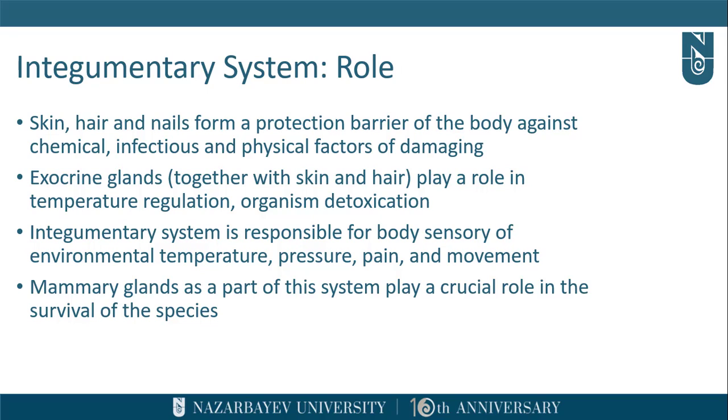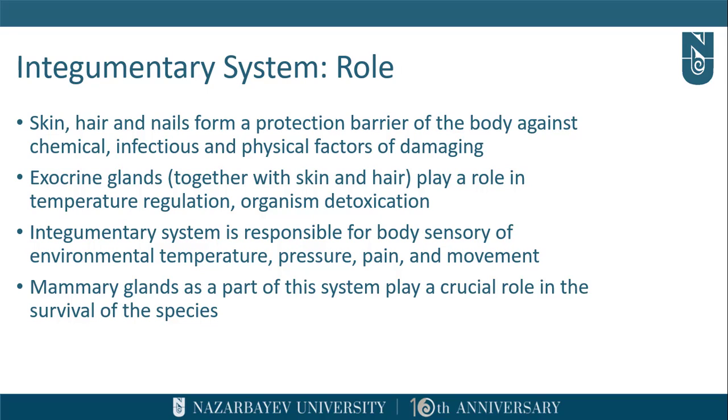And exocrine glands, as we already covered in the previous lectures, are those type of glands that secrete substances to the surface. And we have exocrine glands in the hair and in skin, and they play a role in the regulation of temperature and to detoxify the organism.